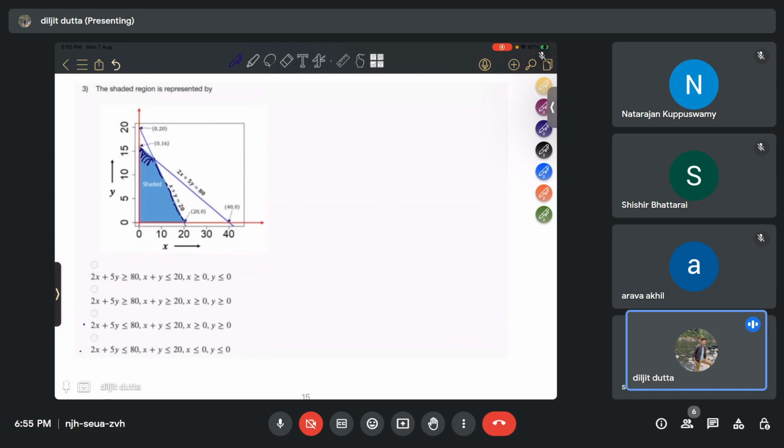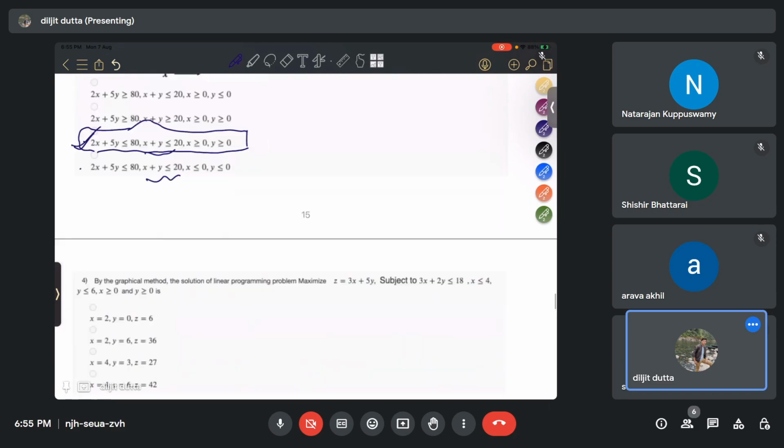The second constraint is x plus y less than or equal to 20. And here x is greater than or equal to 0, and y is greater than or equal to 0. So the third option is 2x plus 5y less than or equal to 80, x plus y less than or equal to 20, x greater than or equal to 0, and y greater than or equal to 0.